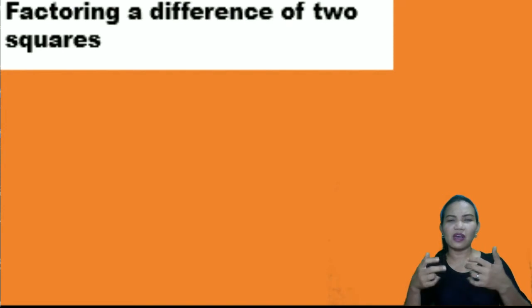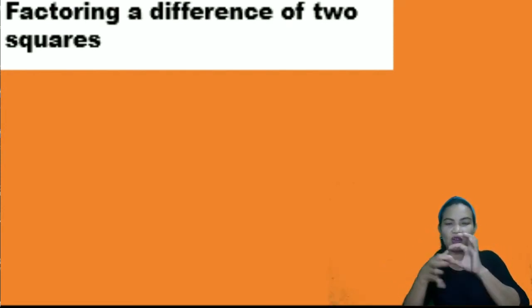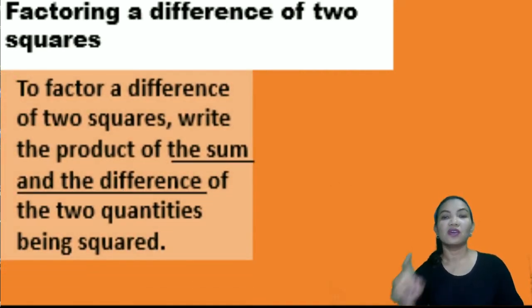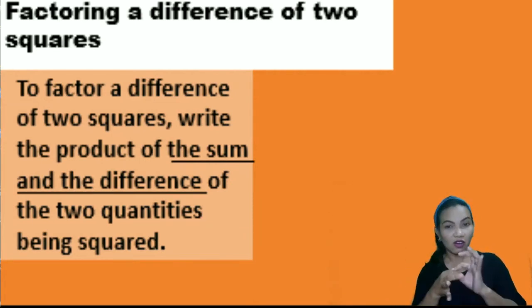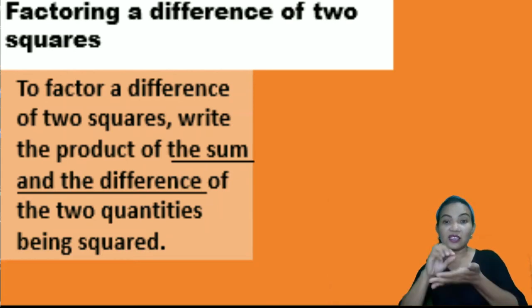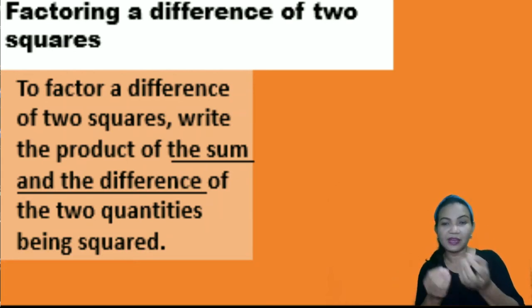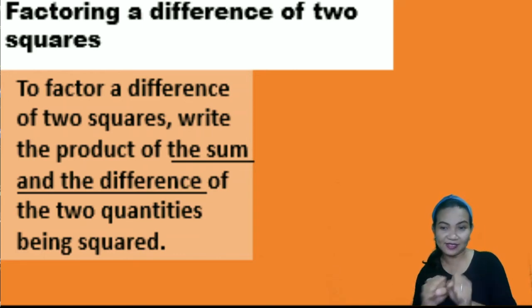Let us now have the factoring of the difference of two squares. To factor a difference of two squares is to write the product of the sum and the difference of the two quantities which are being squared.